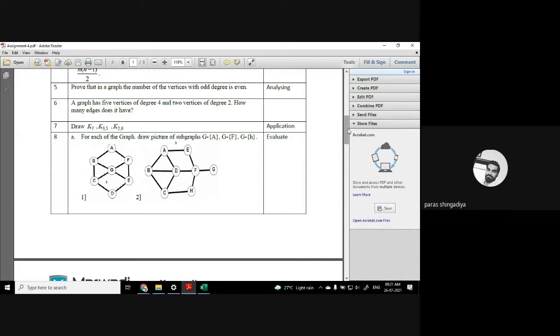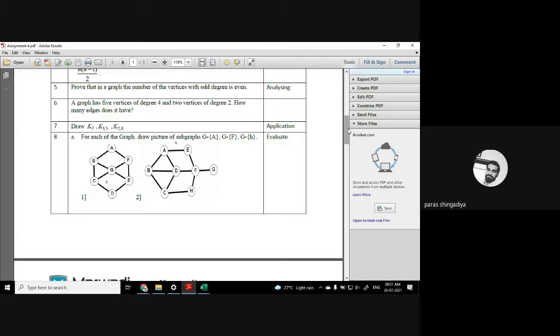So how can we verify this? What should be the degree of each and every vertex in K7? Yes, that is n minus 1. Very good. Here there are 7 vertices, so the degree of each and every vertex of K7 will be 6. ठीक है? सभी vertex की degree क्या रहनी चाहिए?